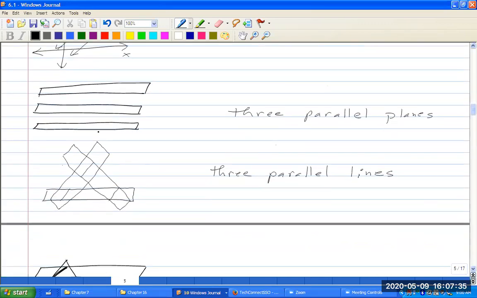Or let's say I'm looking at three equations, three unknowns. Maybe we have three parallel planes. Or maybe the planes intersect in such a fashion that we have three parallel lines.